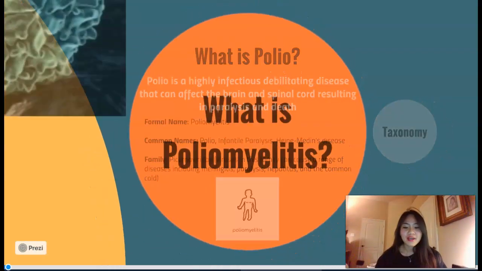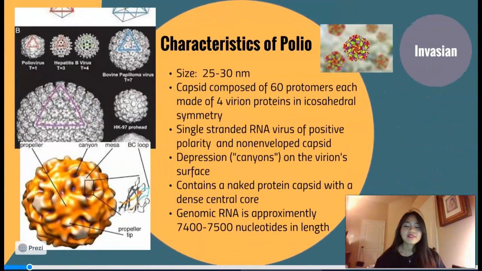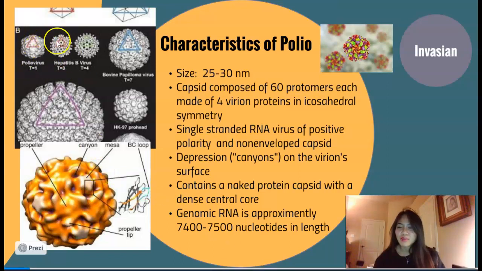And so some of the characteristics of polio. The poliovirus is around 25 to 30 nanometers. Its capsid is composed of around 60 protomers, each made of 4 virion proteins: VP1, VP2, VP3, VP4, and they're all in icosahedral symmetry. To help y'all picture that, here's an image of the poliovirus, given its relative shape, size, appearance.